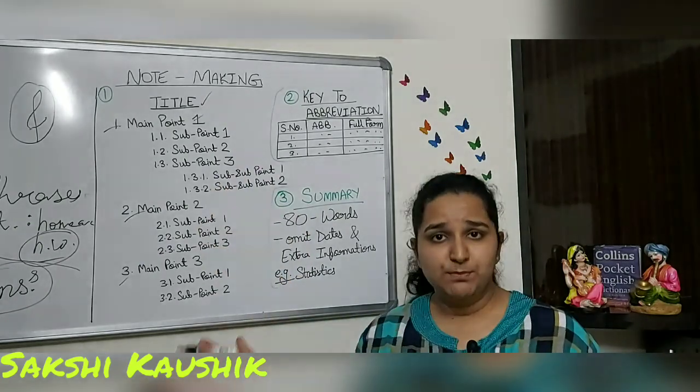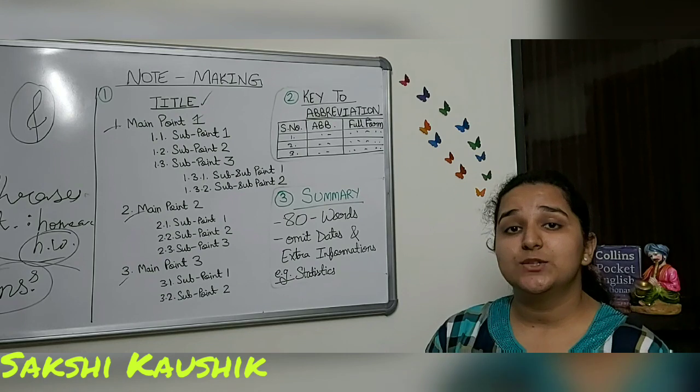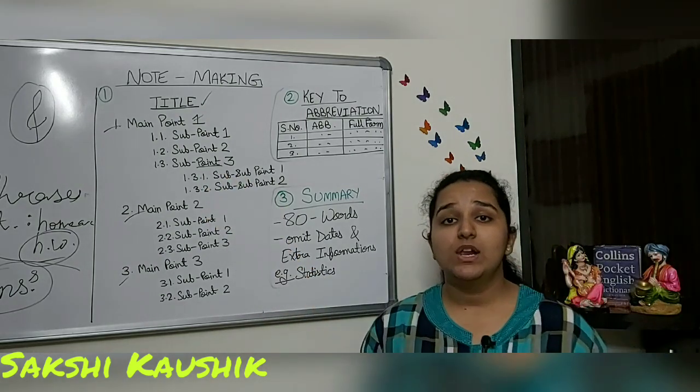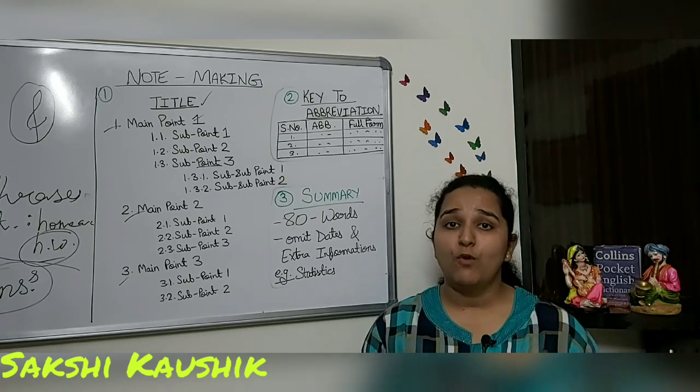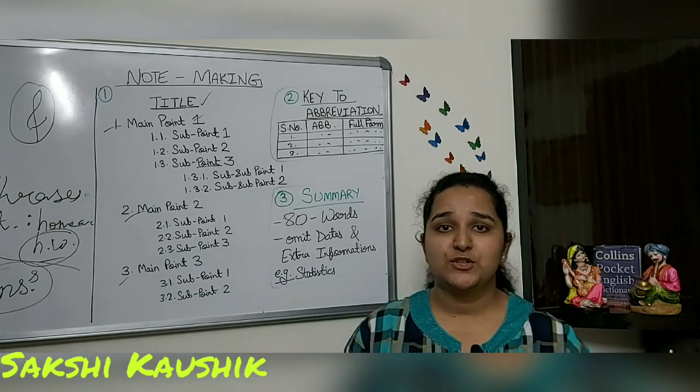Then another subpoint, maybe from the paragraph itself you can write, it says that she loves to read books on fiction. So here, in subpoint 3, you can write book lover, or you may write bookworm. So you are understanding my information, right?